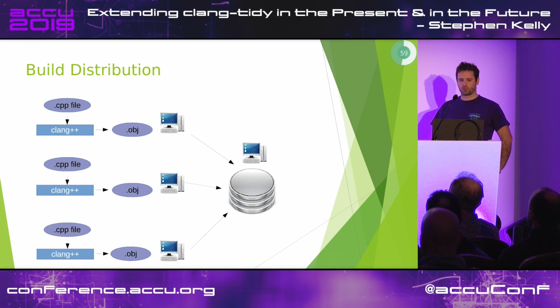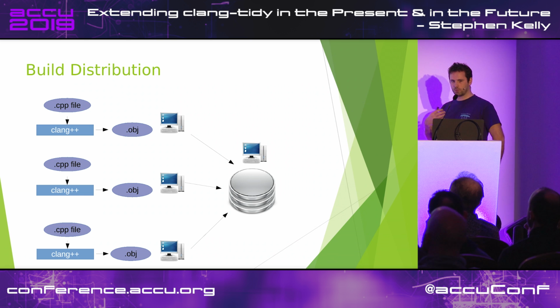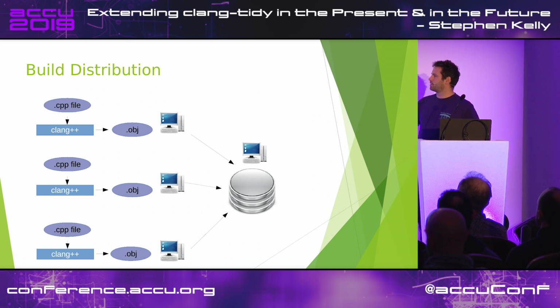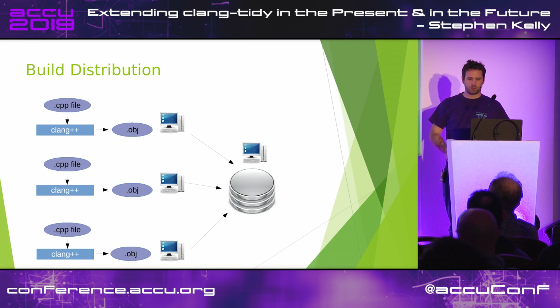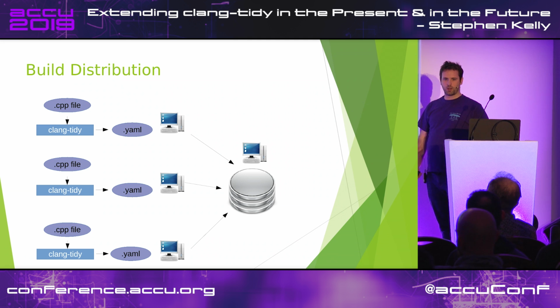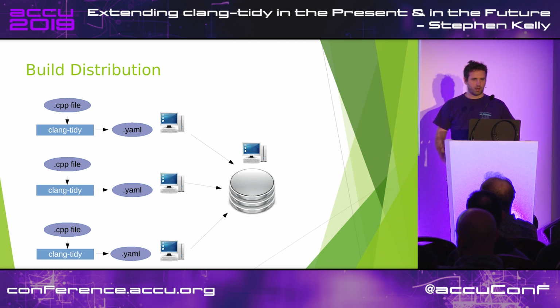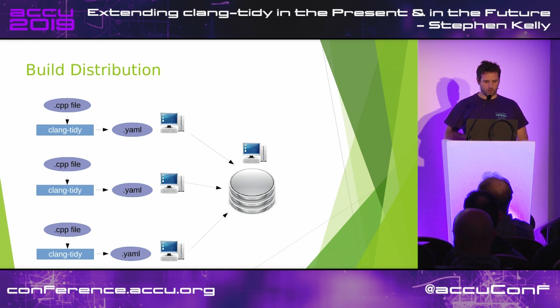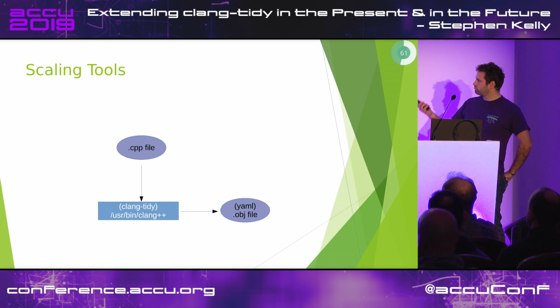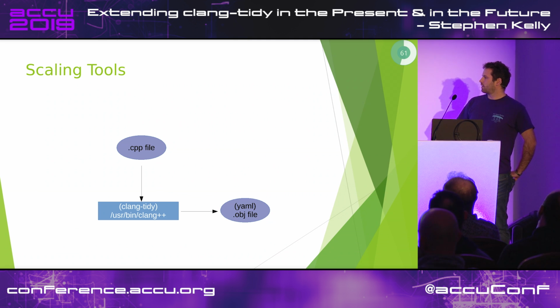That's quite similar to how building works. So I thought, if this is what happens in a distributed build, can I just replace the compiler with clang-tidy, have it output YAML instead of object files, bring them back to my computer, and then apply them?